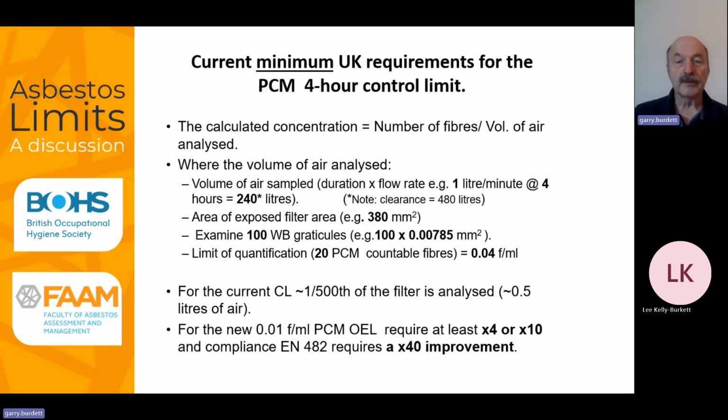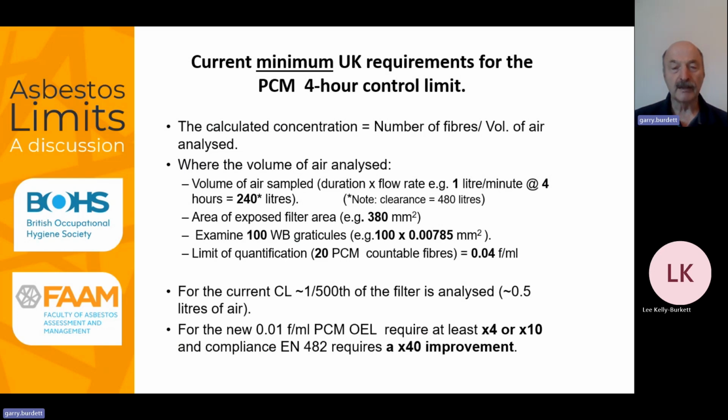What we do at the moment in the UK is sample 240 litres of air, 1 litre a minute, onto a 380 millimetre filter, and count 100 Walton Beckett graticule areas, which is about 0.78 millimetres squared, about 1/500th of the filter. If we base the limit of quantification on 20 fibre counts or 40 fibre ends, this gives us a LOQ of 0.04 fibres per ml.